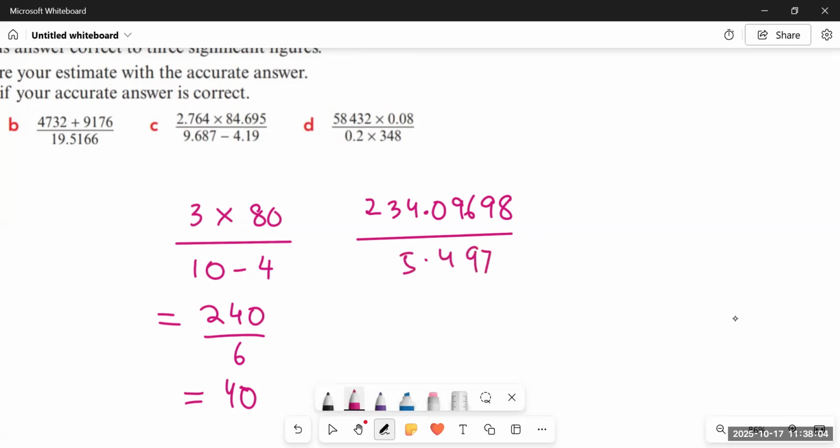Now we will divide the two. So the answer would be 42.586. And when we round it to three significant figures, it would become 42.6. That's again close to 40.